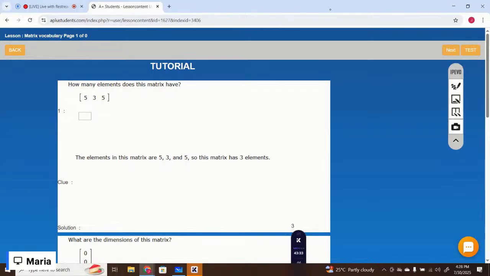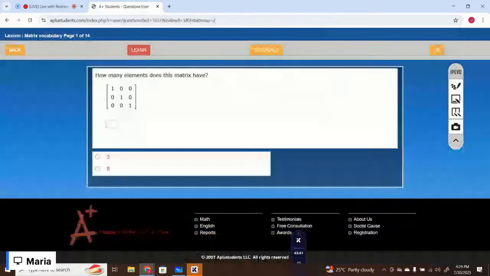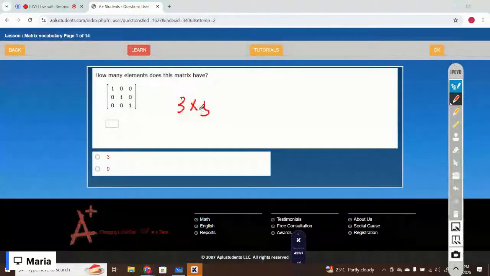Okay, let's start with the test questions. How many elements does the matrix have? That is a matrix that has three rows and three columns. So the matrix has dimensions three times three, and three times three makes nine. So that means you have nine elements in the matrix.